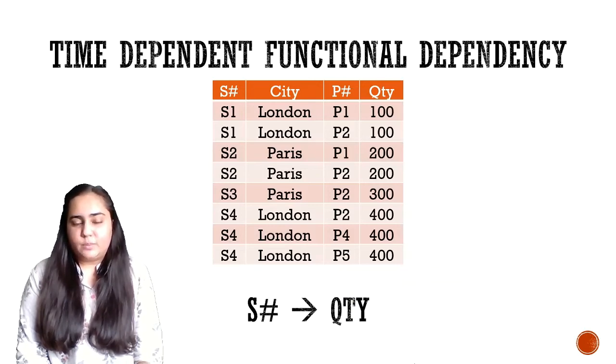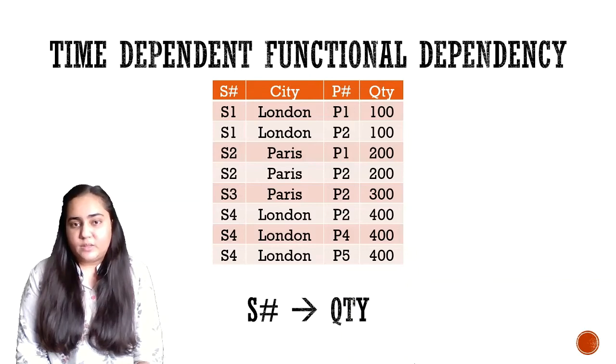So this type of dependency is time dependent because it exists at the moment. It's not necessary that it's going to stay forever. It's possible that if you open this table after about an hour, you might find that S4 has now sold 500 parts of P5 because the quantity changed.